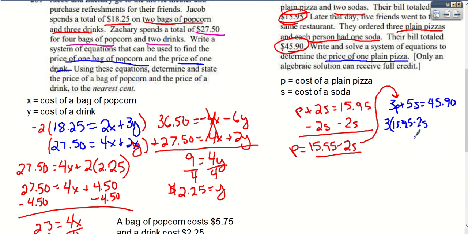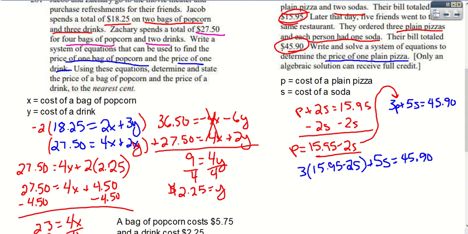I'm going to rewrite it down below. Me writing small is making that really not fun to read. Okay, so we're going to do 3P plus, and instead of P, remember, we're plugging in. So 3 parentheses 15.95 minus 2s, and then plus 5s equals 45.9.